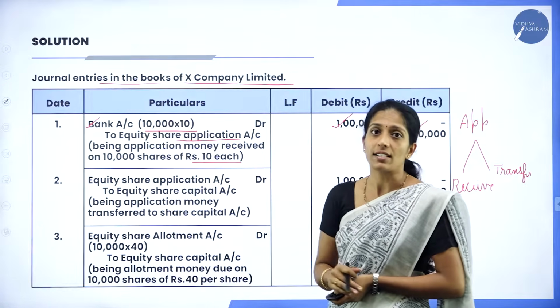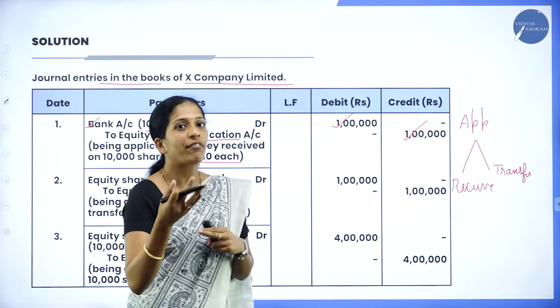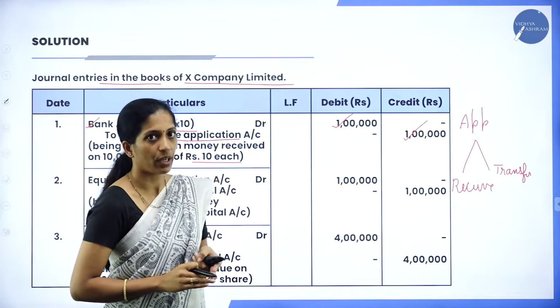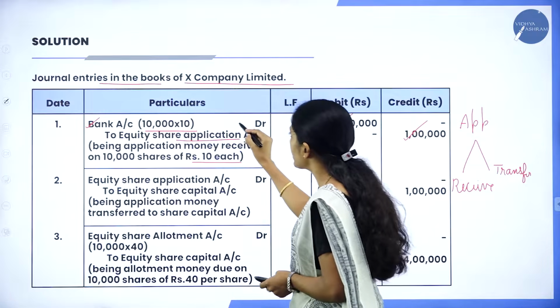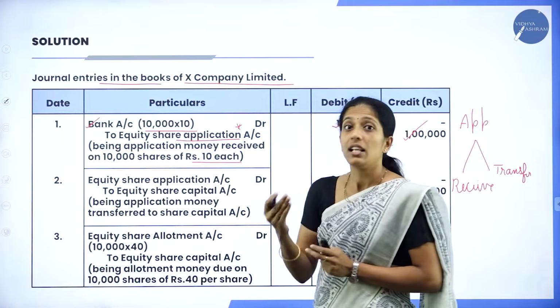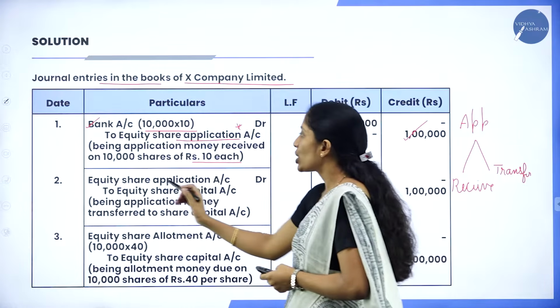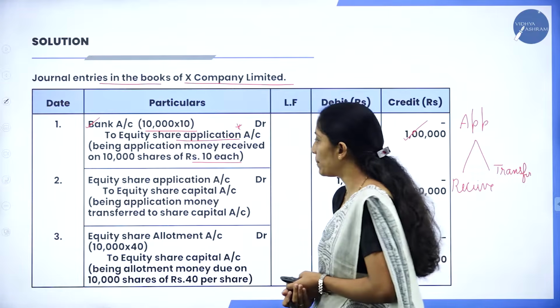Hope you are clear with the first entry, that is receiving of application money. Next, you have to transfer that application money to equity share capital account. In your first entry, you have credited the application account. Now, debit that and transfer to share capital account. So, equity share application account debit to equity share capital account.